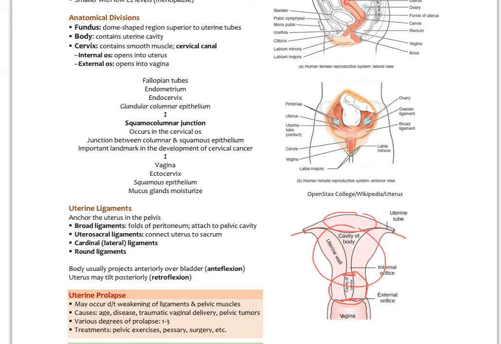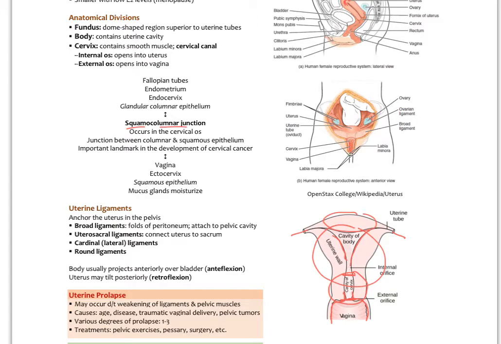And this is a very important region because the cells which line the body of the uterus are primarily glandular columnar epithelium, and those are the same kind of cells in the fallopian tubes as well. And then we, of course, in the vagina, remember, have squamous cell epithelium. And so there's a region in the cervix where these two types of cells meet, and that's called the squamo-columnar junction.